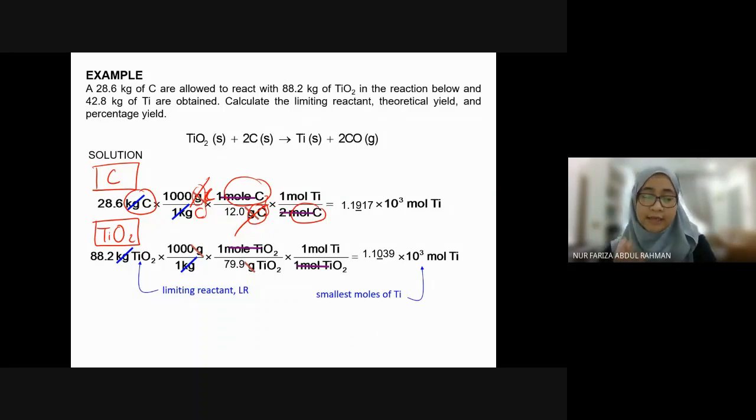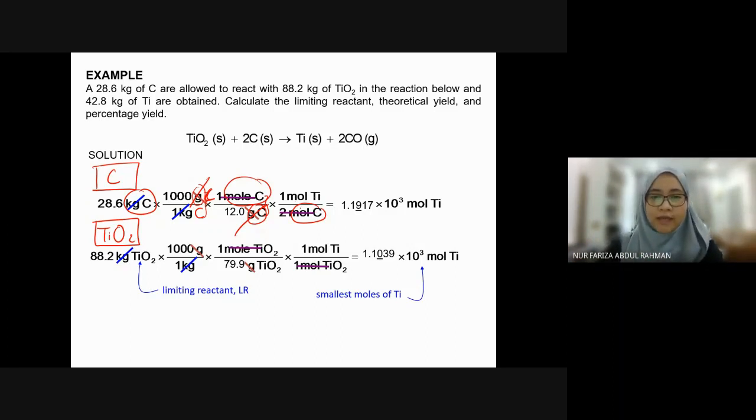It can be in mass, or it can also be in mole. So let's just stop at mole. Because at the beginning we have carbon, and at the last we want titanium. So this is the part where you introduce titanium in the conversion factor.